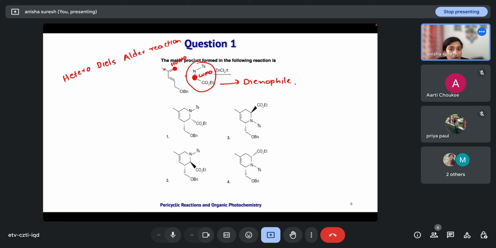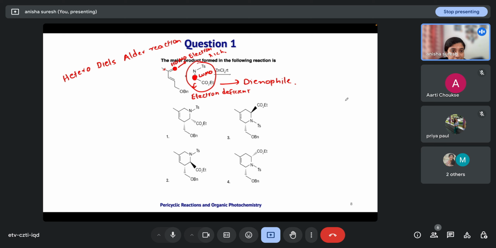HOMO, LUMO. This is the electron deficient center, and this is the electron rich center.